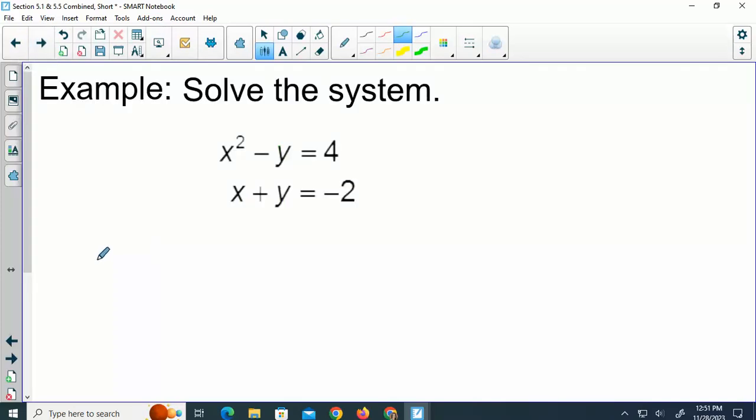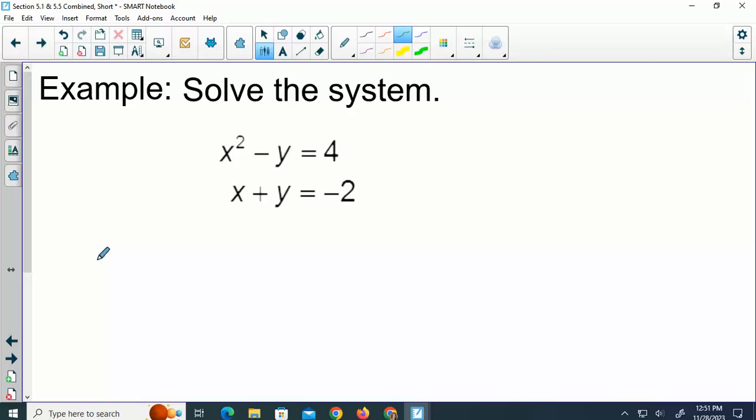Our strategies are similar. We still want to do substitution and elimination, but it's not quite as straightforward. It's usually a combination of the two that we would have to involve. So if I looked at this one, essentially we have basically 3 variables. We have an x squared, we have an x, and we have a y.